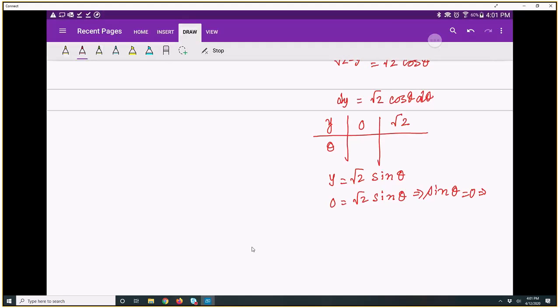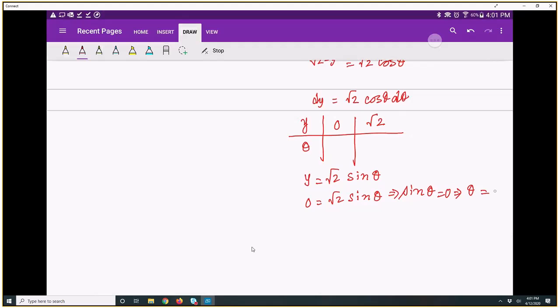Now think about the upper limit. If I put y equal to square root of 2, I get square root of 2 equal to square root of 2 sine theta. Divide both sides by square root of 2, you get sine theta equal to 1. Take arc sine on both sides, theta is equal to pi over 2.